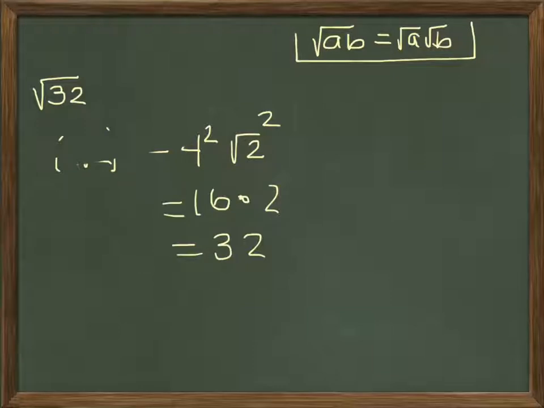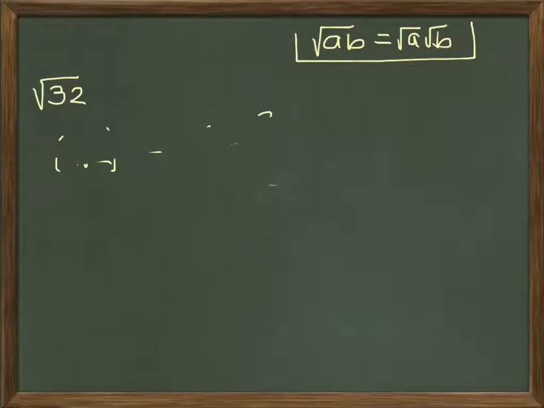So that's going backwards, but how do you realize that the root of 32 can be written that way? Well, you use this property that I have up here. You write the root of 32 as the root of 16 times the root of 2. Why am I breaking it up like that? Because I know that this is a perfect square.